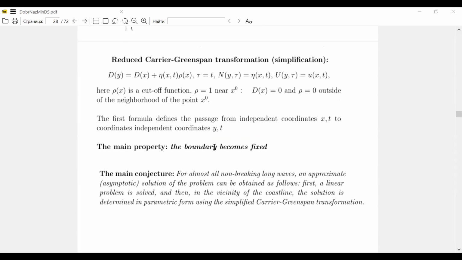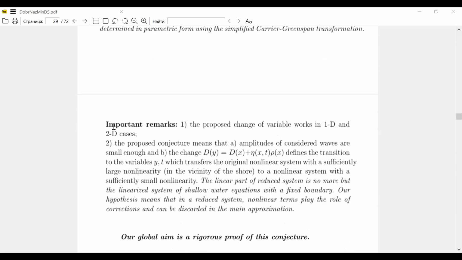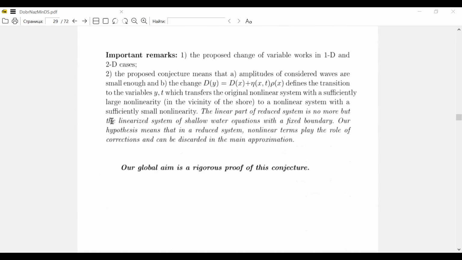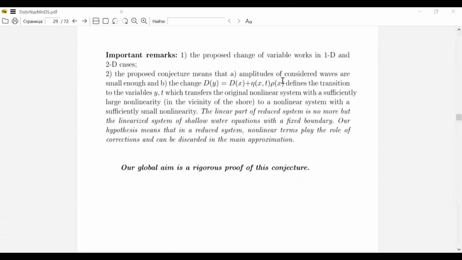If we pass from variables x to the variables connected with the Carrier-Greenspan transform, we stop the boundary. And then we obtain the problem which was discussed in linear approximation, the problem discussed by Vladimir. So what we want to do is transform our variables near the shore, and then it allows us to reduce the nonlinear problem to a linear one.